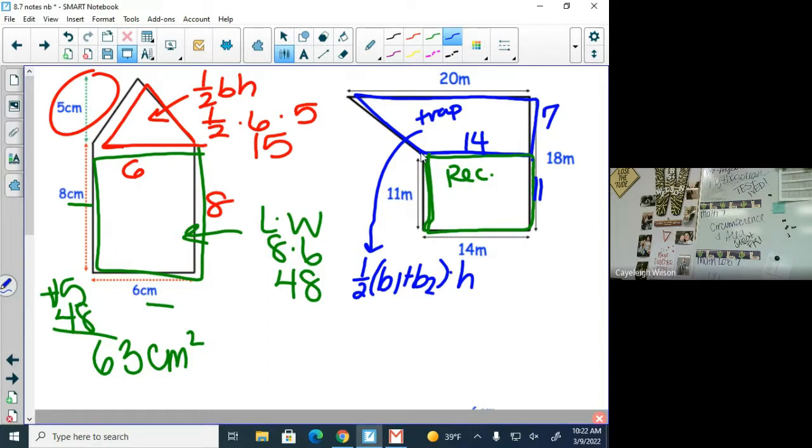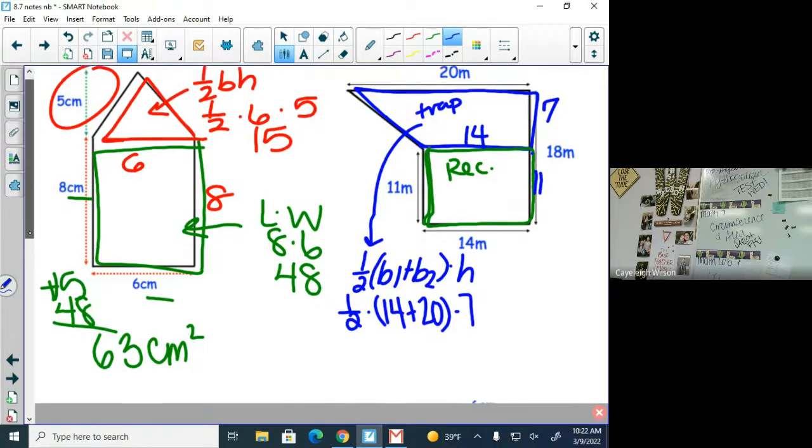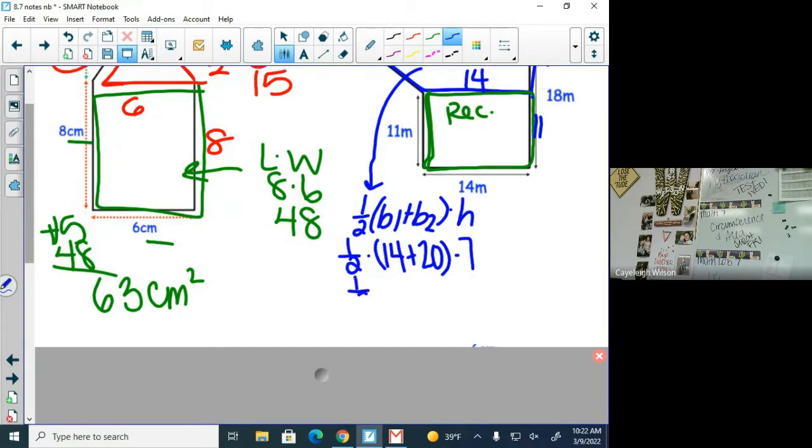So now I'm ready to do my 1/2 times base 1 plus base 2, so 14 plus 20, and then the height of that trapezoid is 7. So on my calculator, 14 plus 20, that's 34, times 7. So half times 34 times 7 is 119.